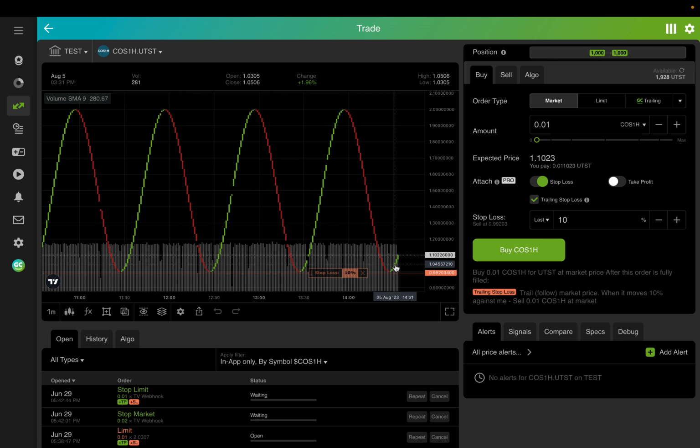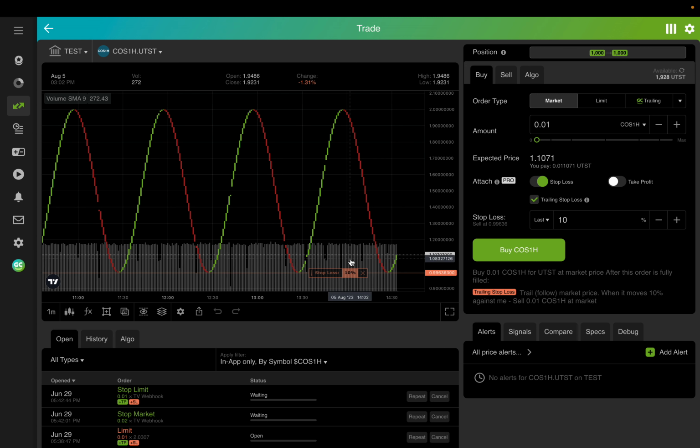However, as you can see, we now know that the price probably will go up, right? That's what you can see from the chart. So if the price keeps going up, this stop loss will move with it and will keep at a 10% distance from the price.